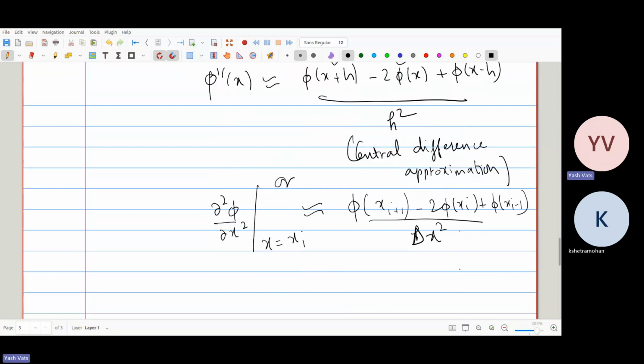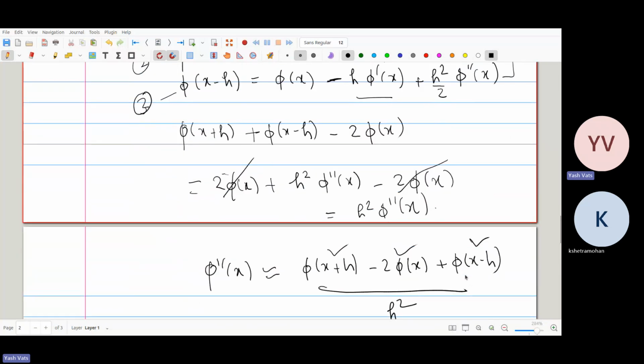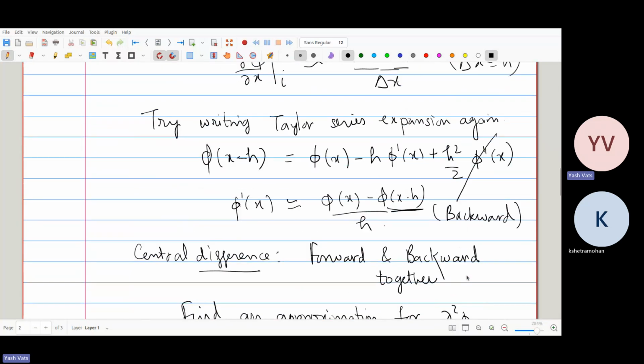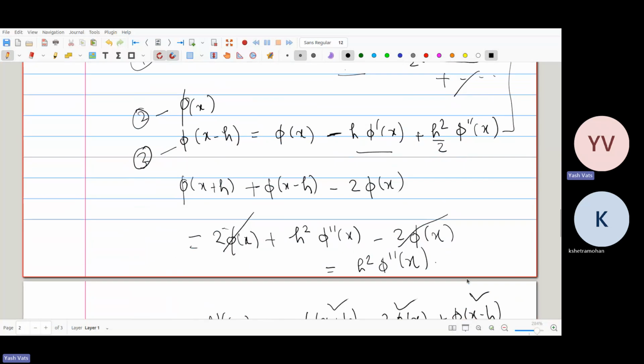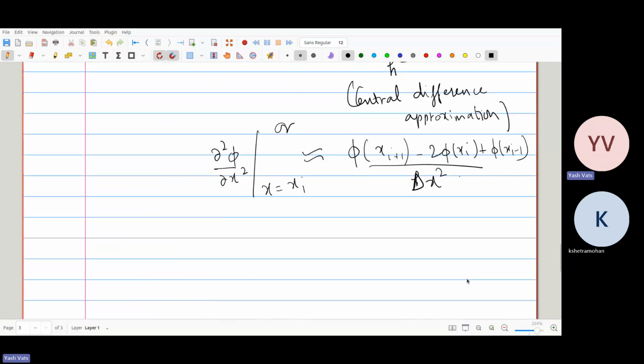So this is the kind of approximation you can achieve. Questions may come on this in a similar way where you need to find approximations. For the third order derivative, it can be second order, more precise, more points, or the first order derivative in a different way. So questions will be based on that.